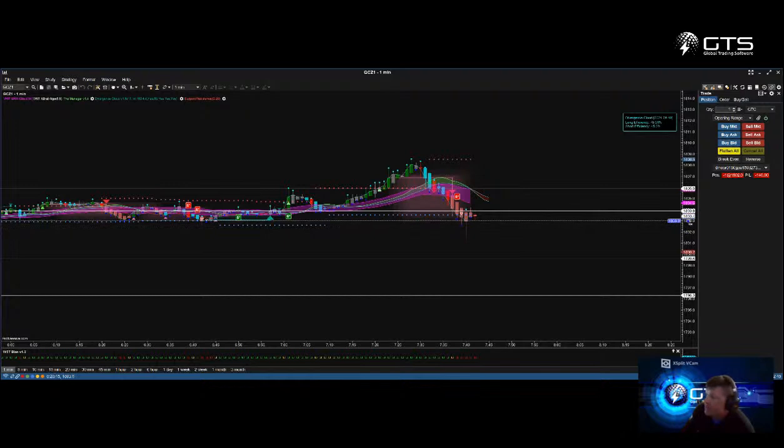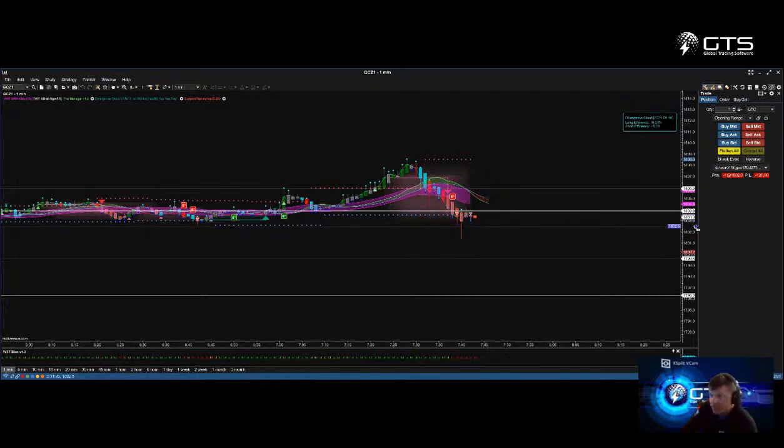You jump in one tick below the bottom of this candle right here, okay? We see the support right here, so we're waiting for a break below that support, right? Now I jumped in because there was some momentum behind that.